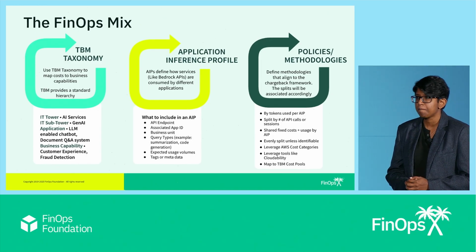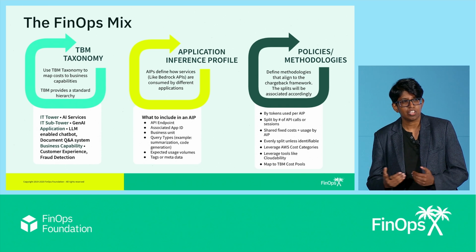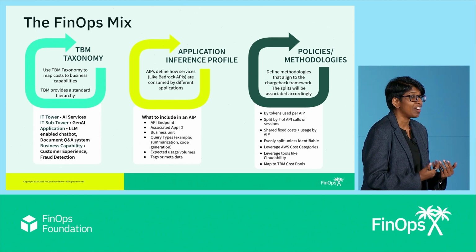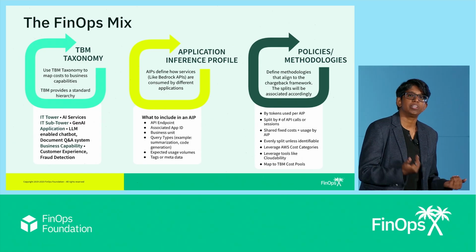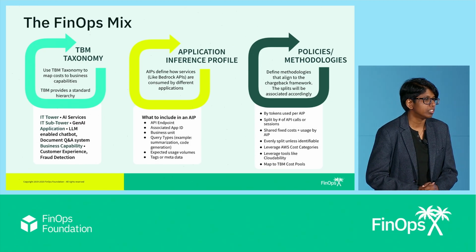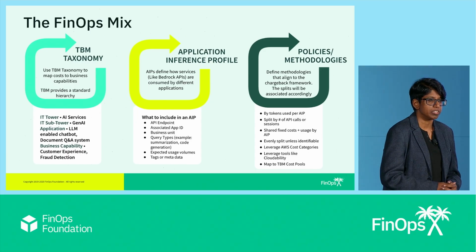The next aspect of this mix is leveraging the ever-going evolution of things that are available to us to bring clarity to our costs. One example that we put here is the application inference profiles from AWS, right?